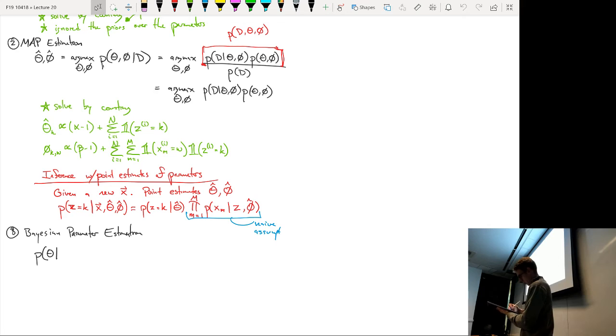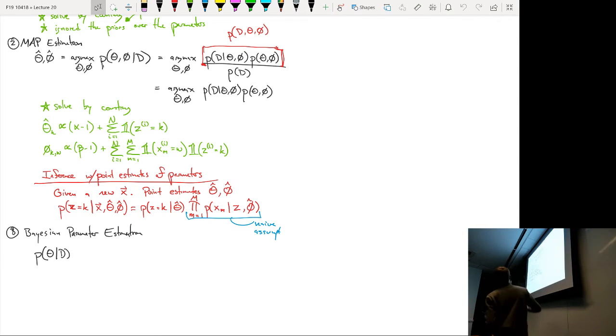So we don't actually need it to depend on all of the x's. It's actually only going to depend on the d's. And then the other one that we want is the probability distribution over phi given d.